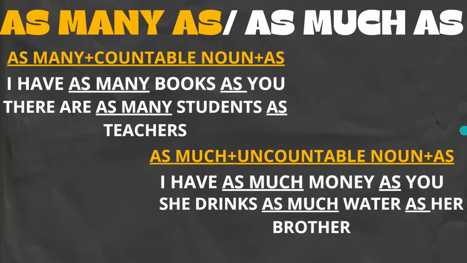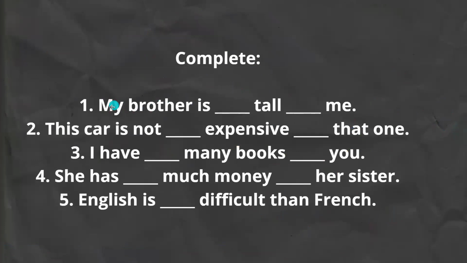We're going to do this. You have to complete the sentences, Randall the first, Alexis the next, then Rachel. Randall, can you complete this? My brother is as tall as me. Okay, Randall, you're right.